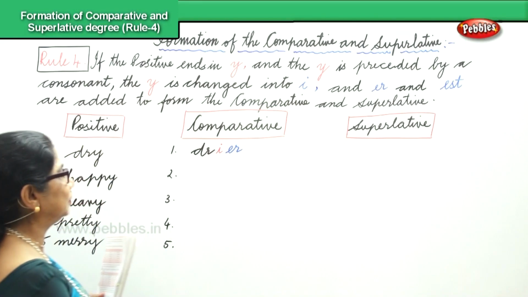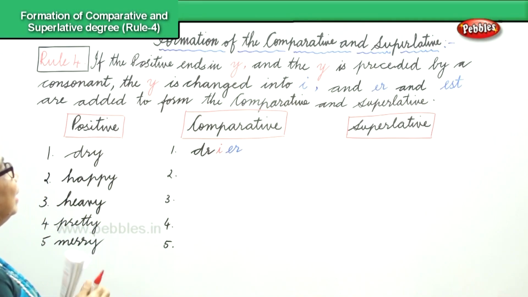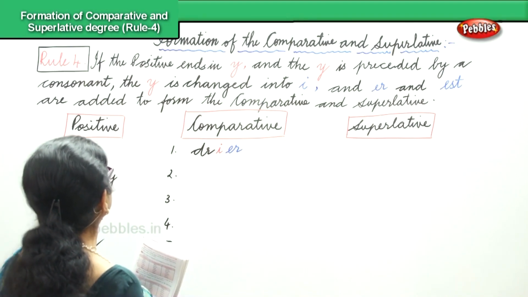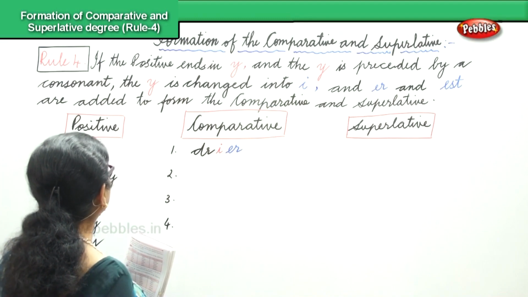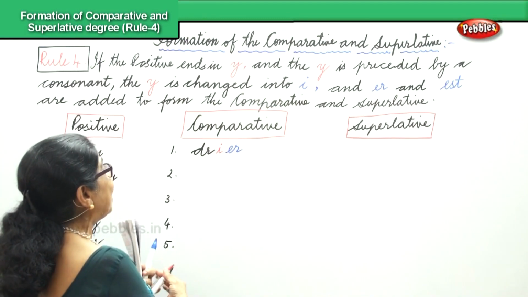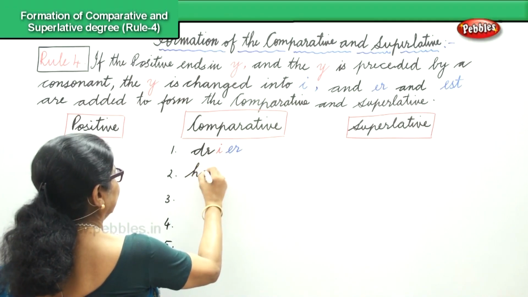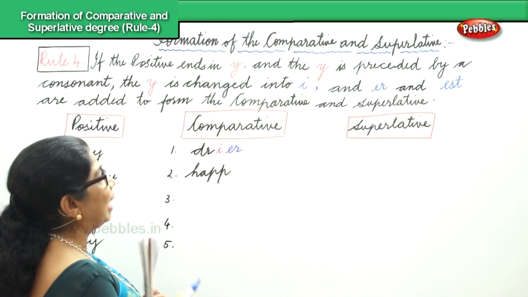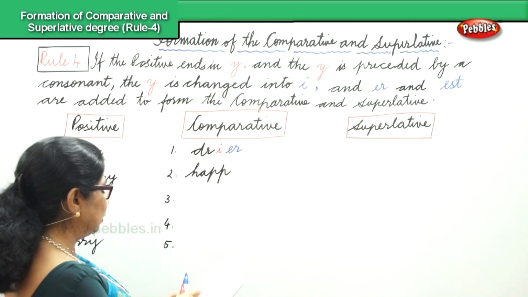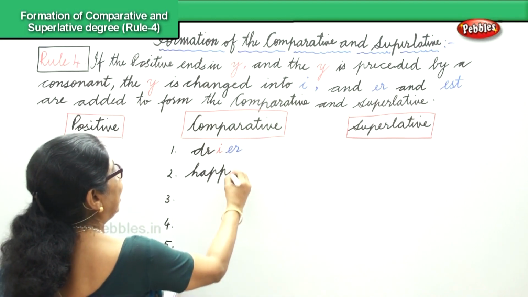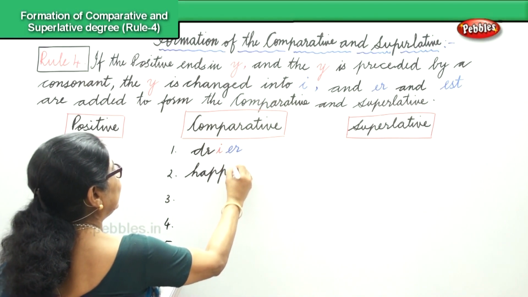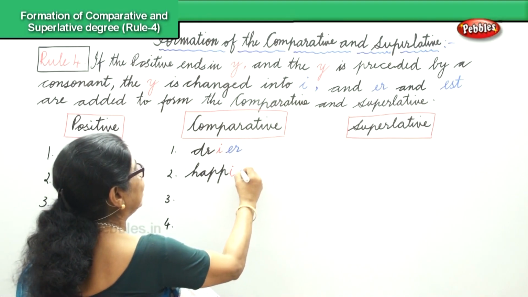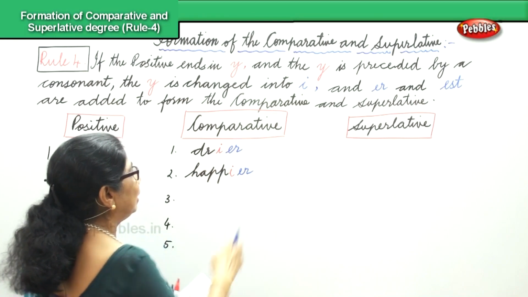Dryer. Then happy. Again, the positive ends in Y preceded by a consonant P. So now what happens here is hap, instead of Y you add I and then add ER. And then you get the comparative, drier, happier.